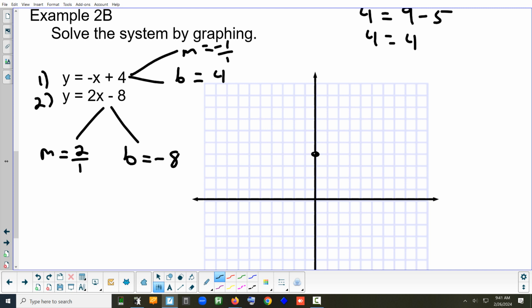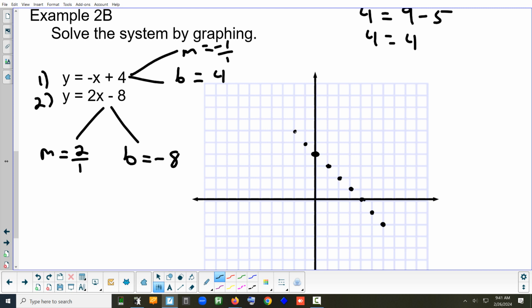And using the slope, how do I get to another point on line 1? You go 1 down and 1 to the right.